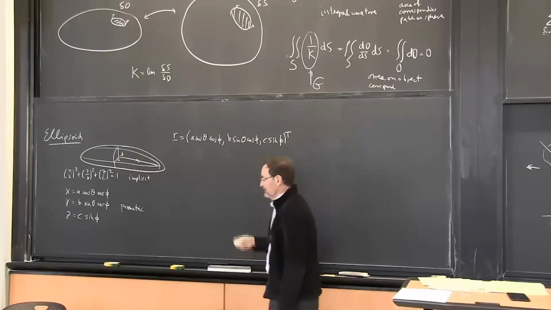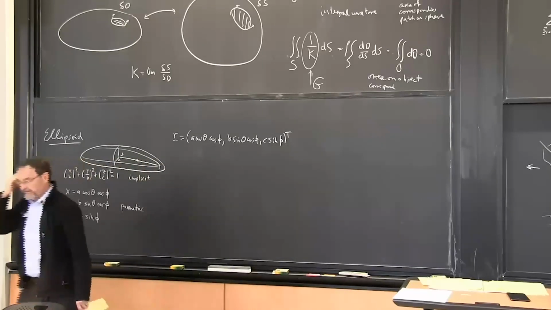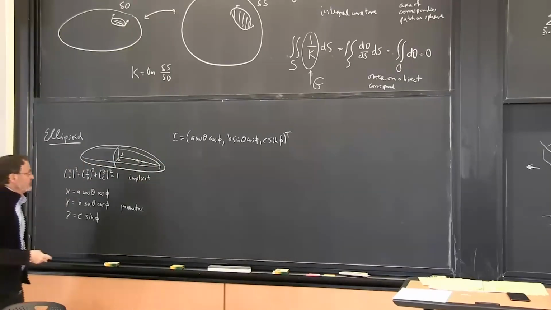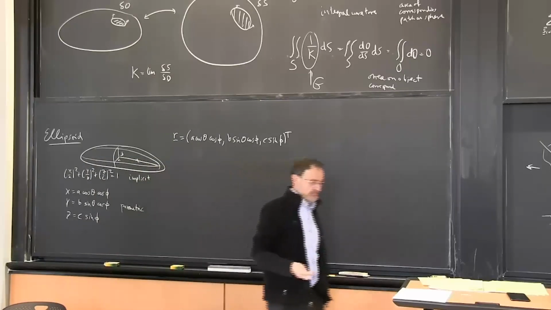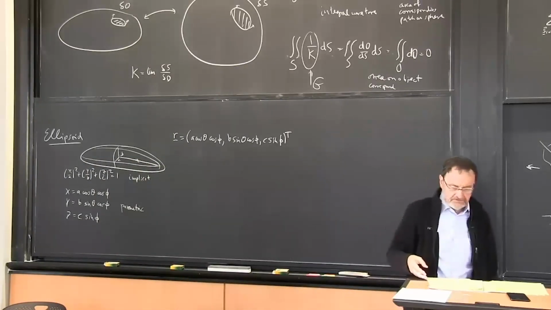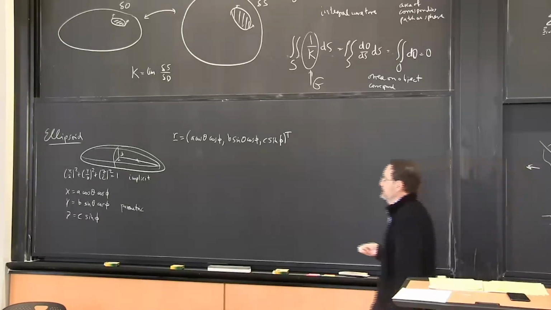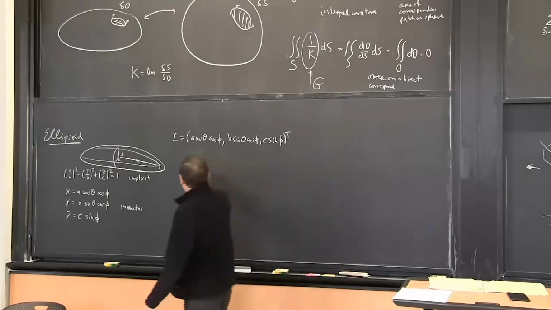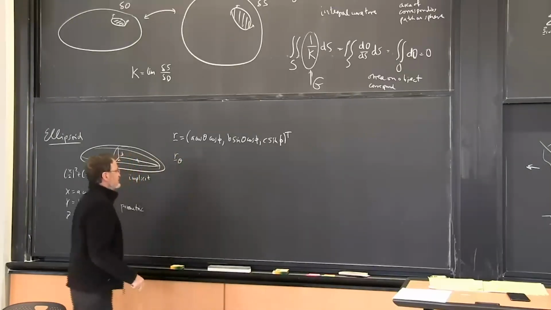And what do I want? Well, a couple of things I need. One of them is surface normal, and the other one is curvature. So let's start with the surface normal. So how can I get a surface normal? Well, the normal is perpendicular to any tangent. So if I had two tangents, I could just take their cross product. How do I get a tangent? Well, I just differentiate this with respect to the parameters.